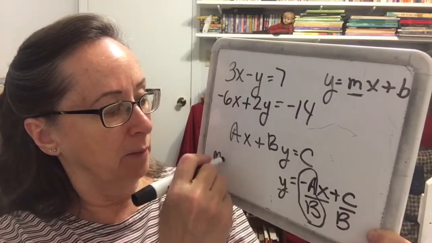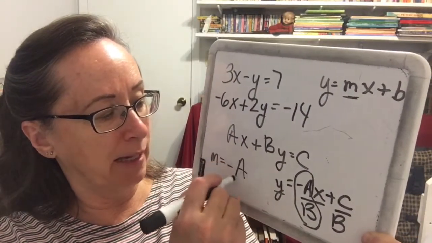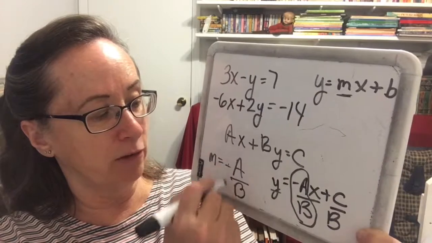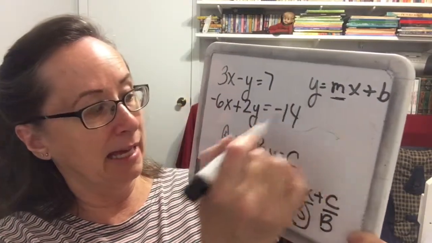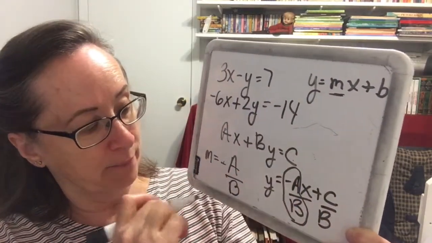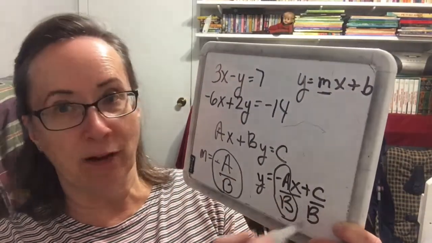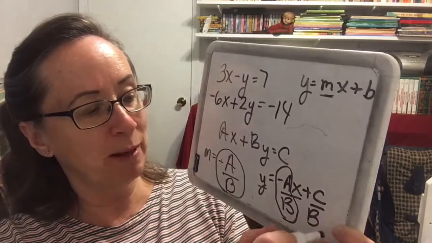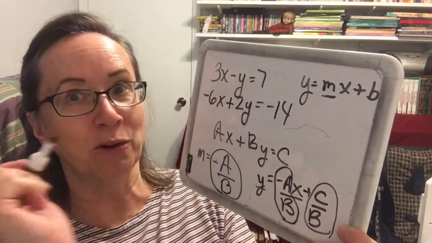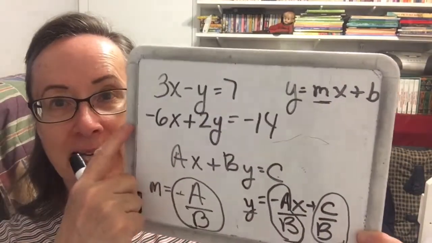So m is negative a over b when I start in standard form and get my a, b, and c. Then negative a over b is always my slope, and c over b is always my y-intercept. And that's really cool, because then we can look at an equation.